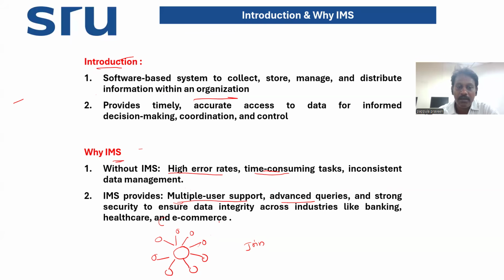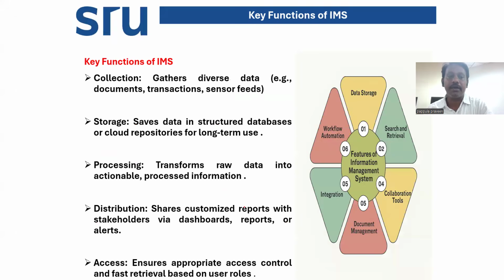Without IMS, there are many errors, there is no security, it takes more time, and the error rates also increase. So the IMS provides security, multiple user support, queries, and strong security using integrity constraints in various fields like banking, healthcare, and e-commerce.